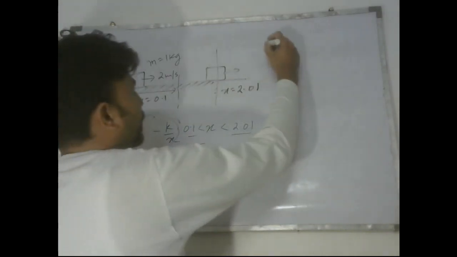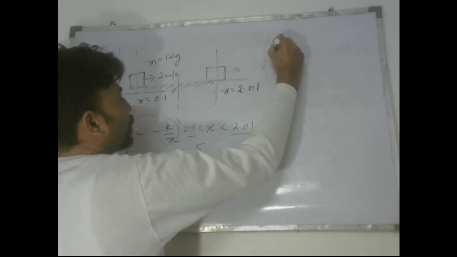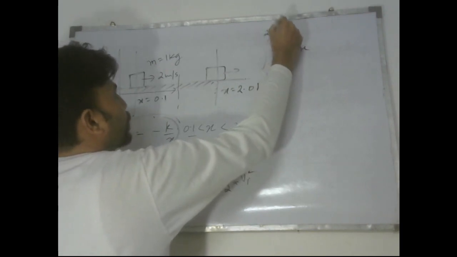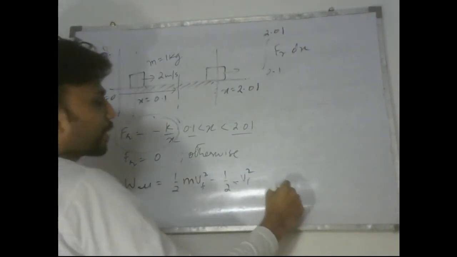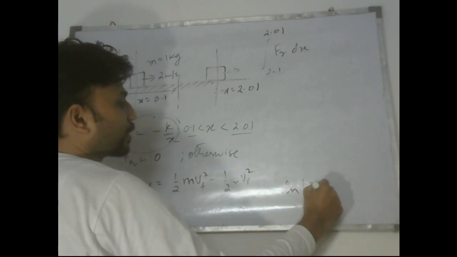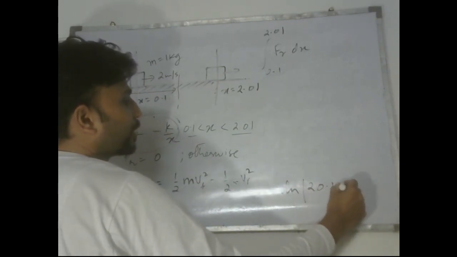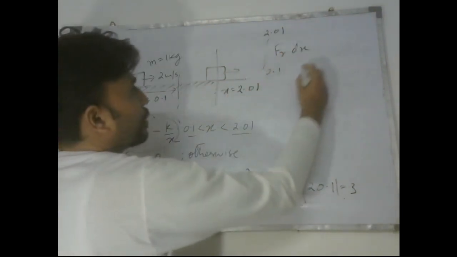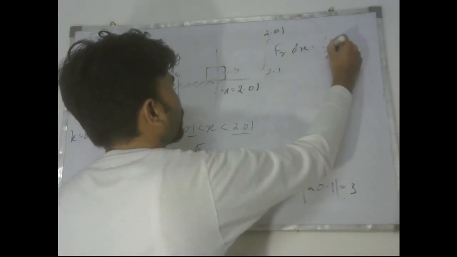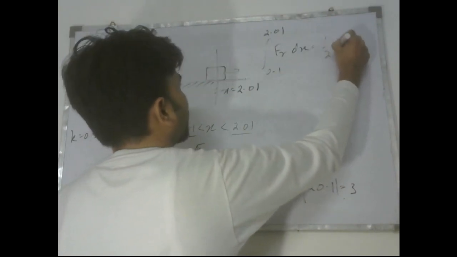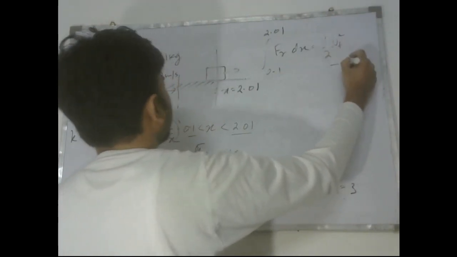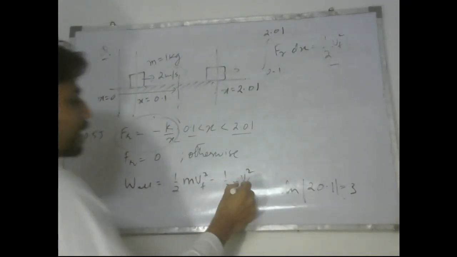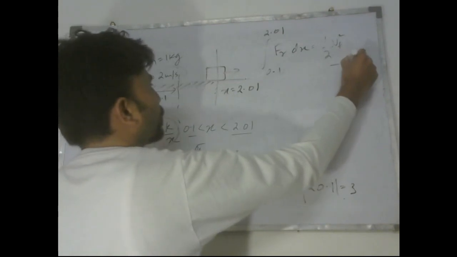So we will be integrating Fr dx from 0.1 to 2.01. One more expression is given to us: natural logarithm of 20.1 is 3. So this is equal to half vf square minus initial velocity of the particle, which is 2. So vi square, that is 2 square divided by 2, that is 2 only.